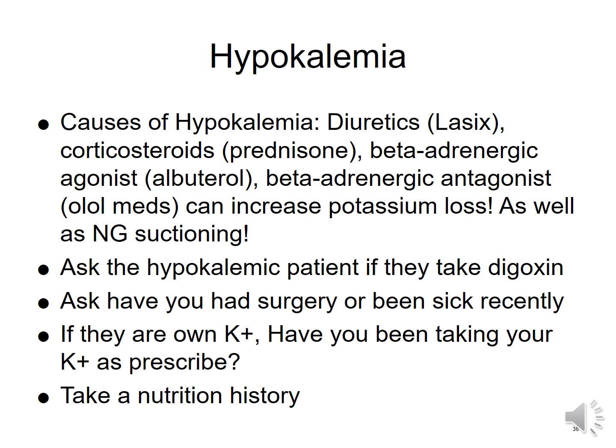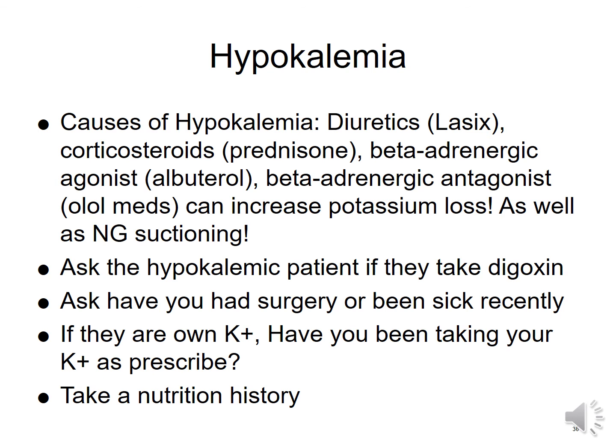Hypokalemia increases the sensitivity of the cardiac muscle to digoxin and could result in dig toxicity. So if you have hypokalemia and a patient's on dig, really need to make sure that you're checking to make sure they don't have dig toxicity. And some of the symptoms of dig toxicity will be GI symptoms.